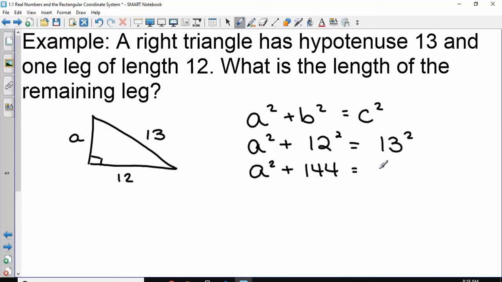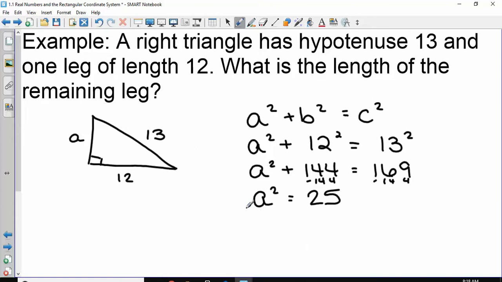Twelve squared is 144. 13 squared is 169. Subtract over your 144, and we'll get a 25.